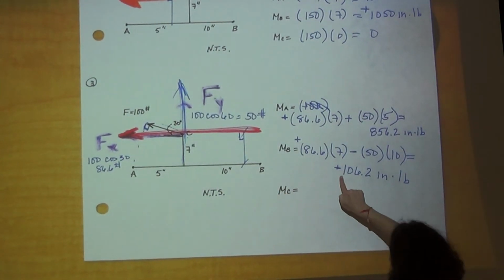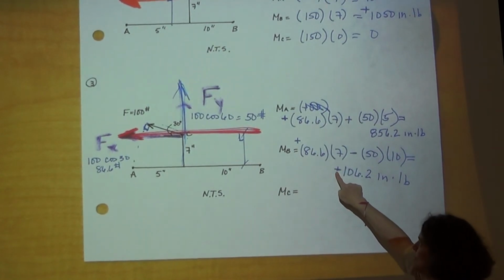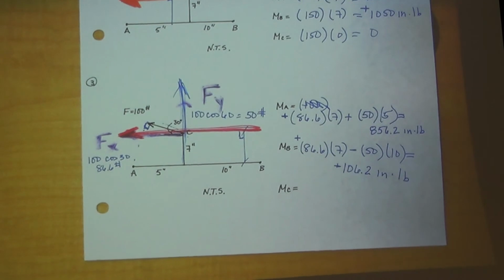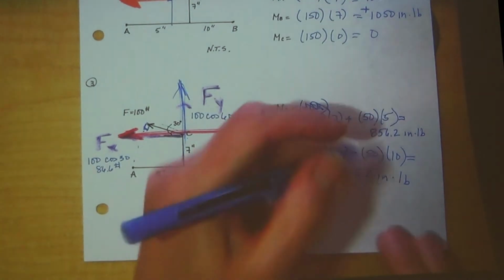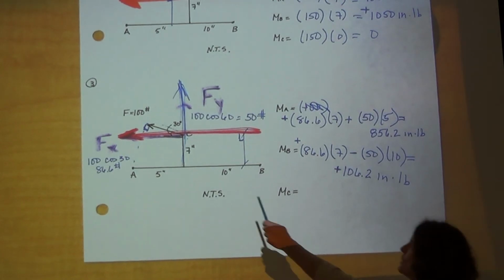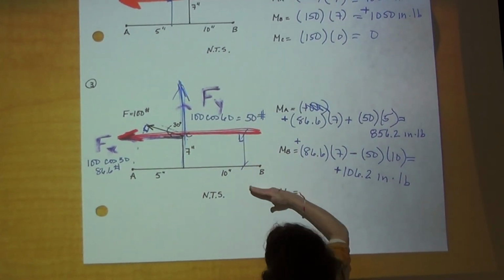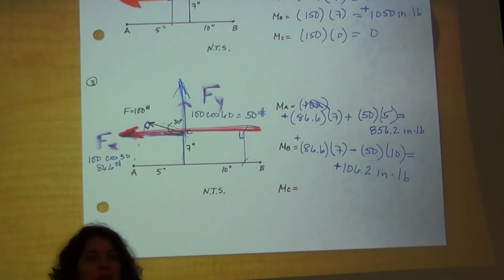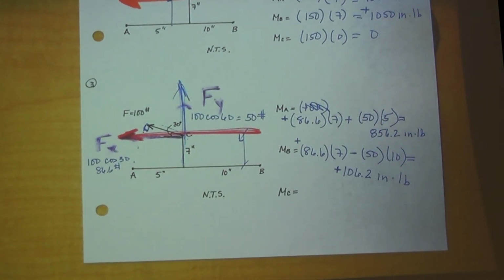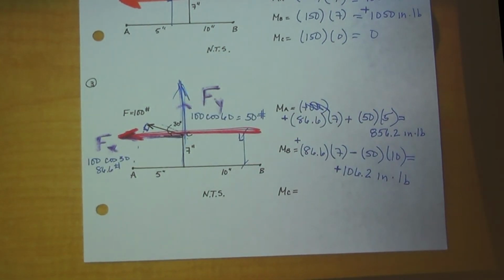So the fact that we see that the moment about B is a positive value, does this force, Chris, lie here or here? Above B or below? I'm not sure. Positive means it's counterclockwise. Okay, so show me with your hand how it's spinning. It's going to be spinning this way.